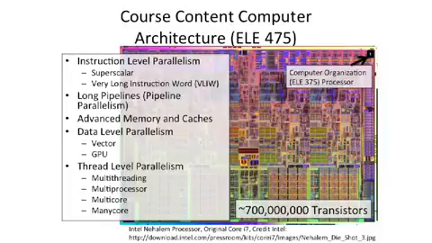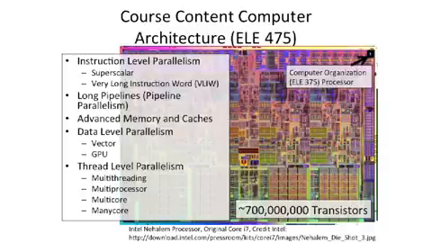So now let's dive into the actual technical content of what we're going to learn in this computer architecture class. And we'll categorize them as either doing less work or parallelism. So the first thing we're going to start off talking about is instruction level parallelism.